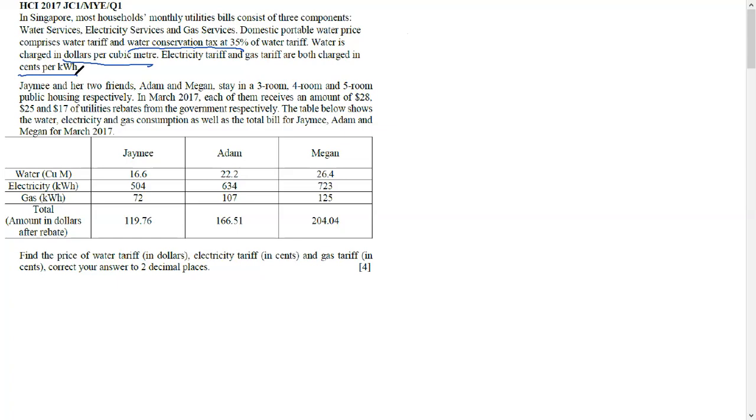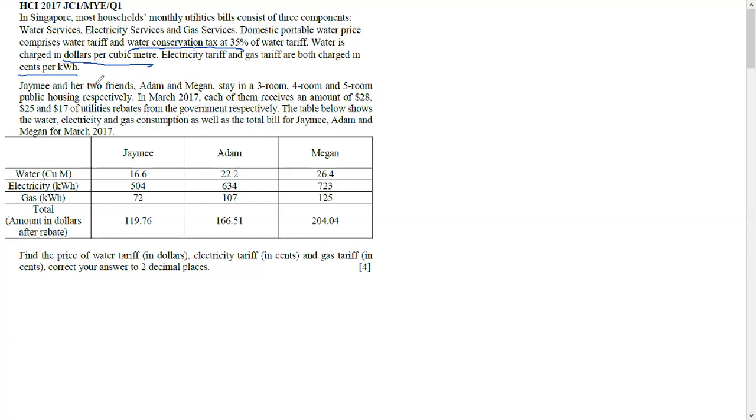Adam and Megan and Jamie live in a 3, 4, 5 room flat, and we have a few values over here. The electrical, water, and gas consumption for Jamie, Adam, and Megan are summarized there.